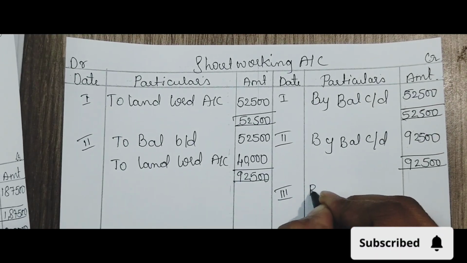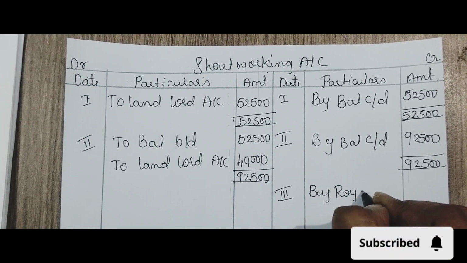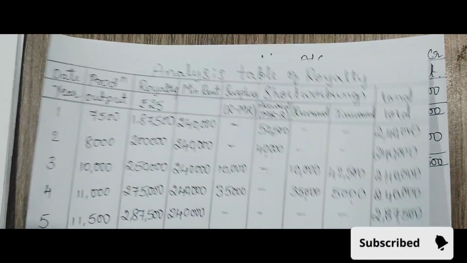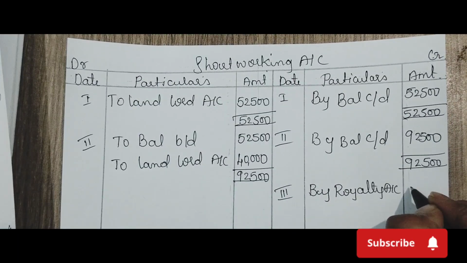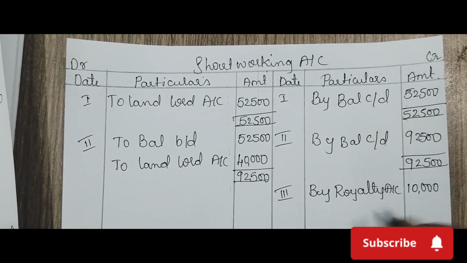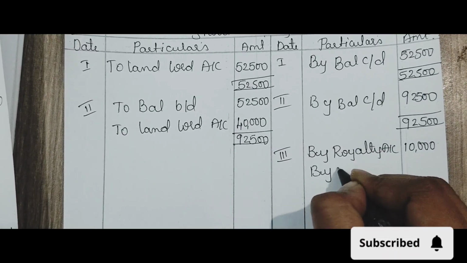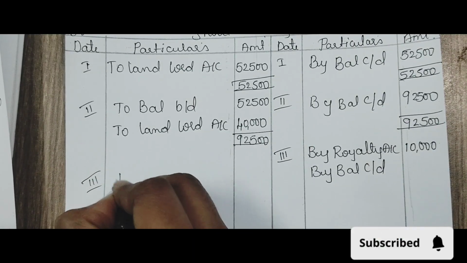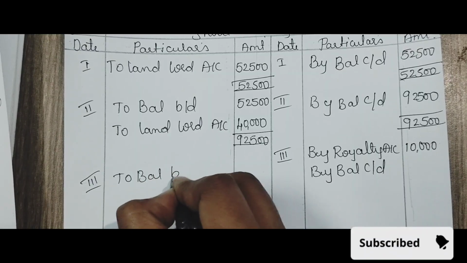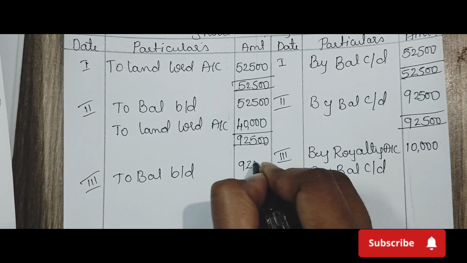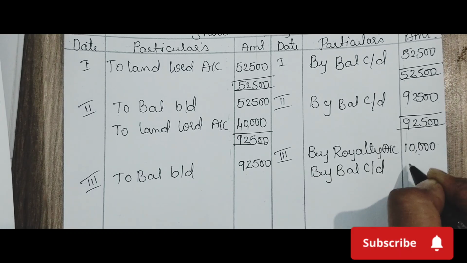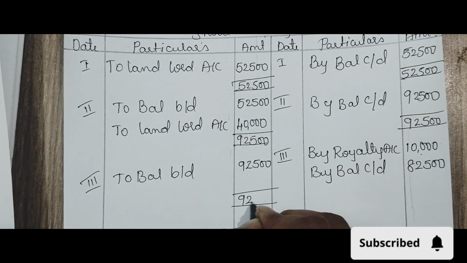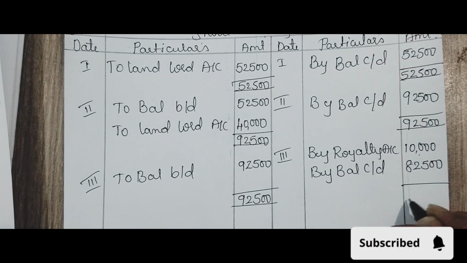Third year by royalty account, what is there in the recovered column, this 10,000, that should be recorded, and balance is by balance carry down. First we will bring down third year to balance brought down 92,500 minus 10,000, 82,500 is the balance carry down. Third year we are closing the account.